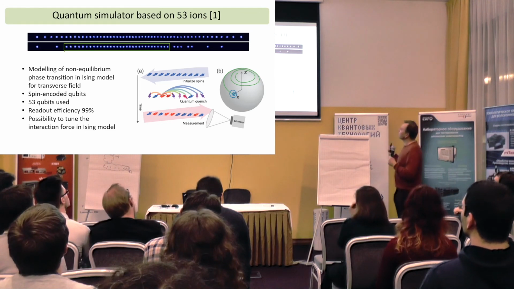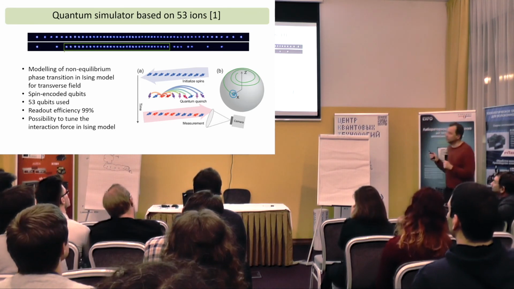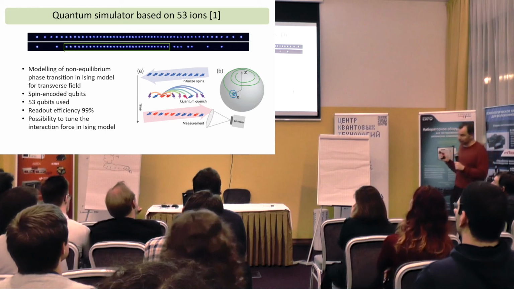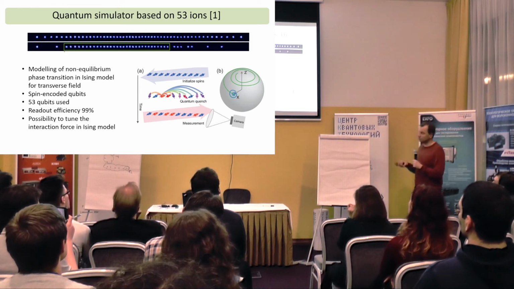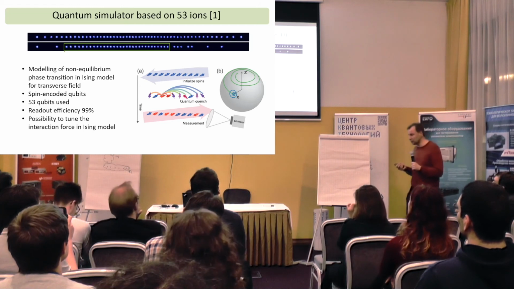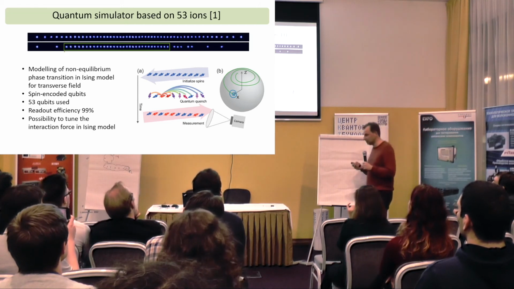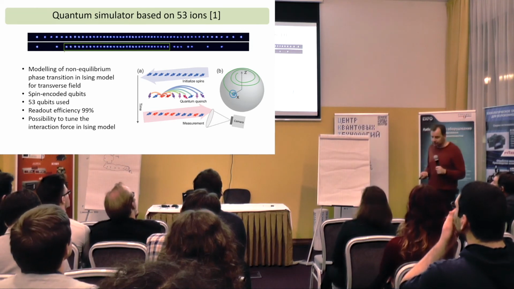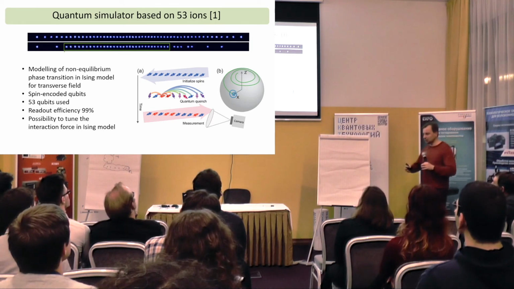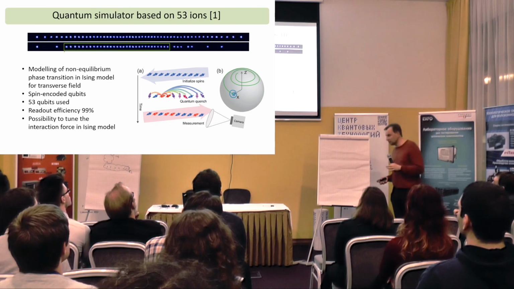There was a quantum simulator based on 53 ions reported by the same group recently. Again, there's some regular argumentation for what this simulator can do. It's a modeling of some phase transitions. You can tune the Hamiltonian interaction between these ions.